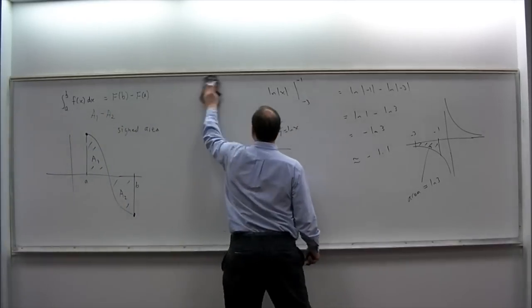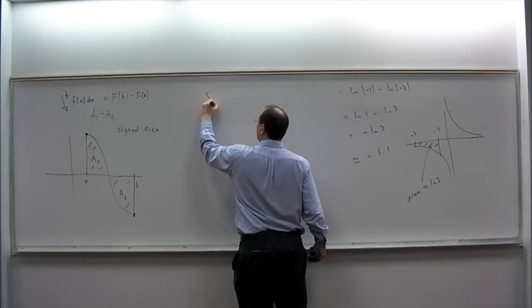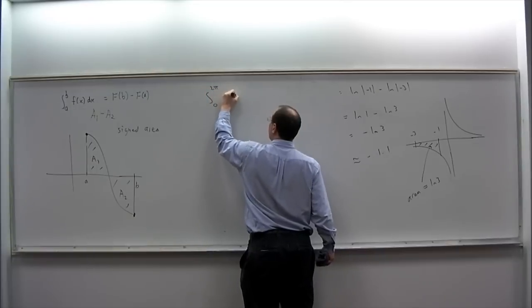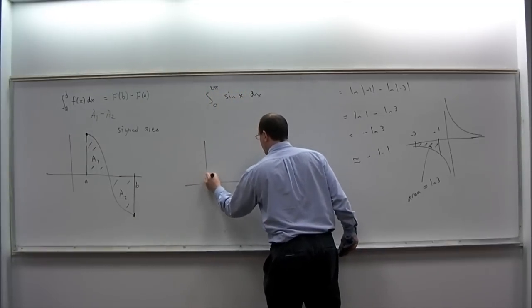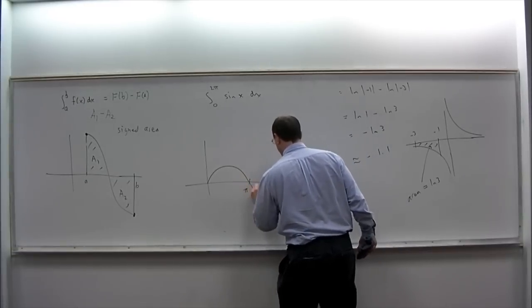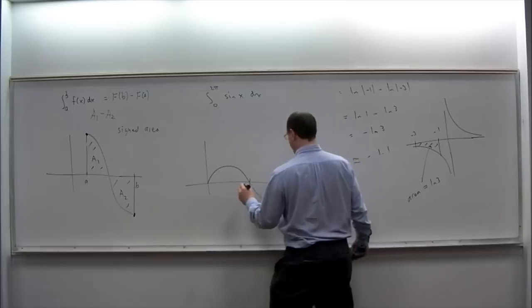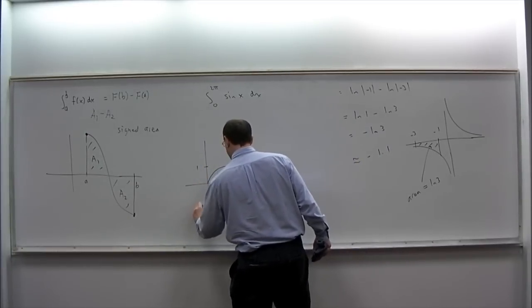As an example, we could look at the sine function, the integral from 0 to 2 pi of sine x dx. The function looks like this. Here's pi, here's 2 pi, maximum height of 1, minimum height of -1.